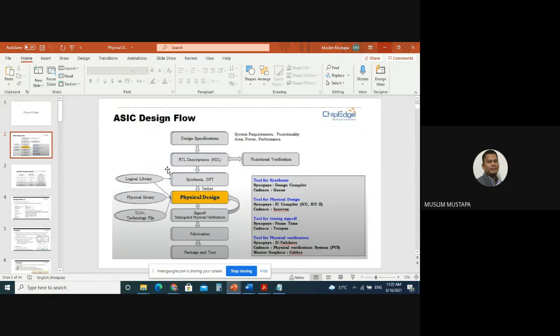Those are the things that will make the difference in the design flow. Apart from that, it's almost the same as the normal ASIC design flow.